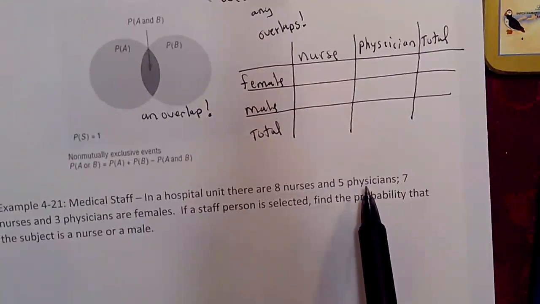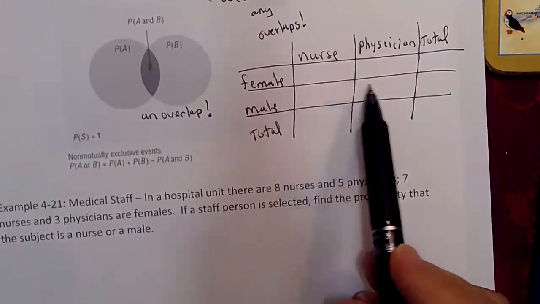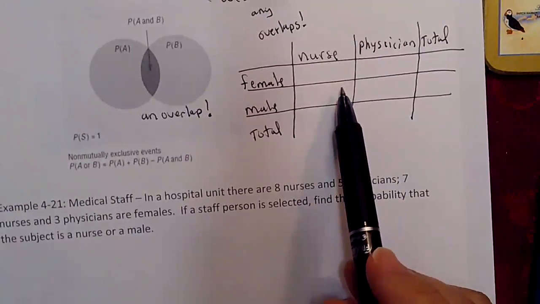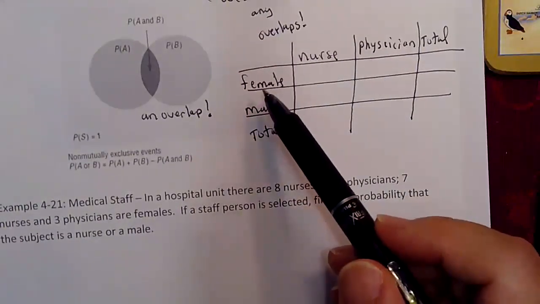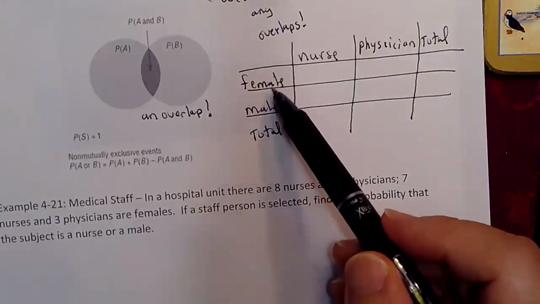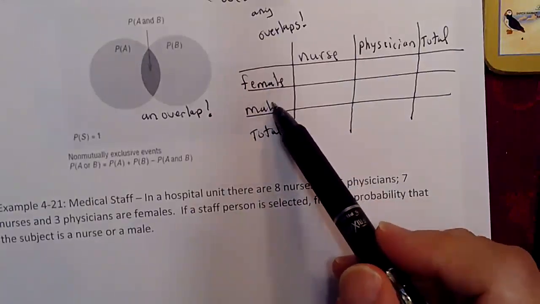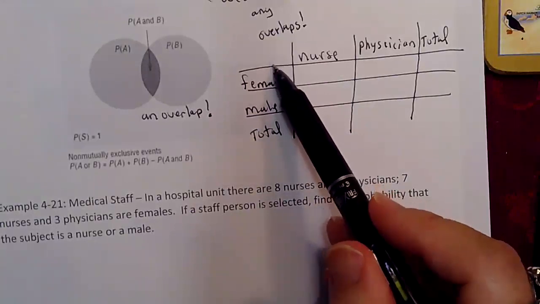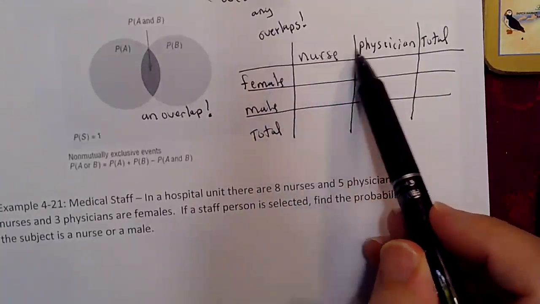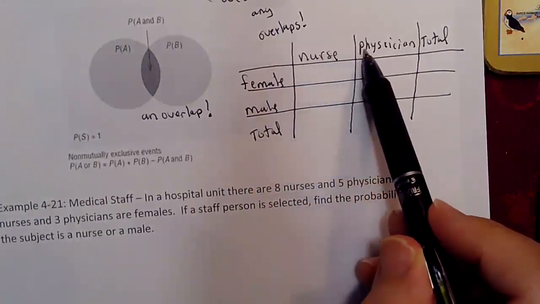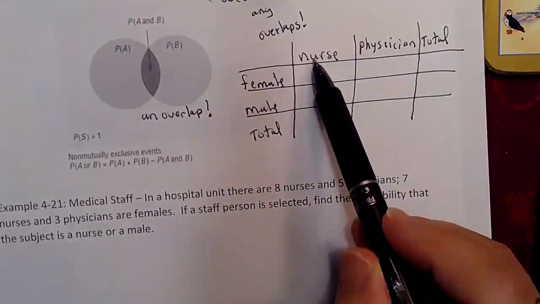Okay. So you can see from my table the way I've drawn this. And this is not the only way to draw the table. If you wanted to put the nurses and the physicians listed in this first column, you could, and then put the female and male across the top, horizontally across the first row.